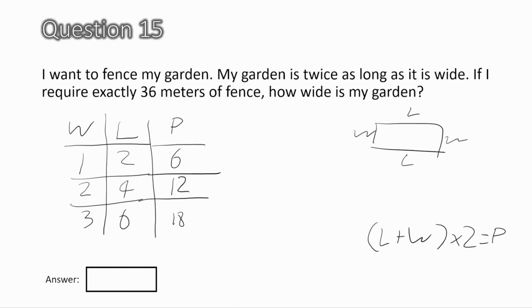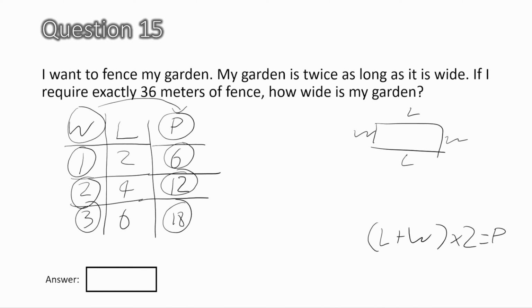Now, instead of adding more numbers, we can actually look for a pattern, a relationship between the width and the perimeter. Is there a pattern between the two? Well, 1 times 6 is 6, 2 times 6 is 12, 3 times 6 is 18. So it looks like there's a pattern here, and that is that the width multiplied by 6 is the perimeter.